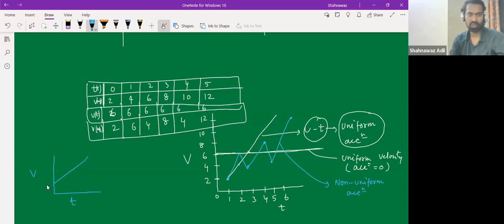No, this is the velocity time graph, and I have this straight line. So this will represent the uniform acceleration, right? Whenever I have a straight line, like this, like this, like this, all these straight lines represent the uniform acceleration. Can you guys quickly note it down and then talk about the derivation?